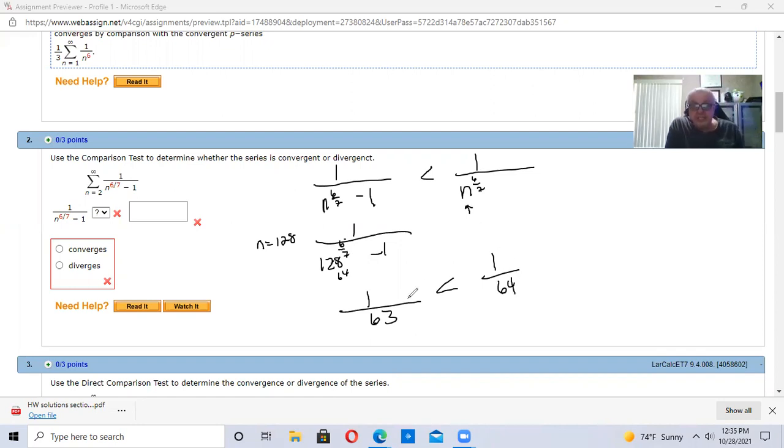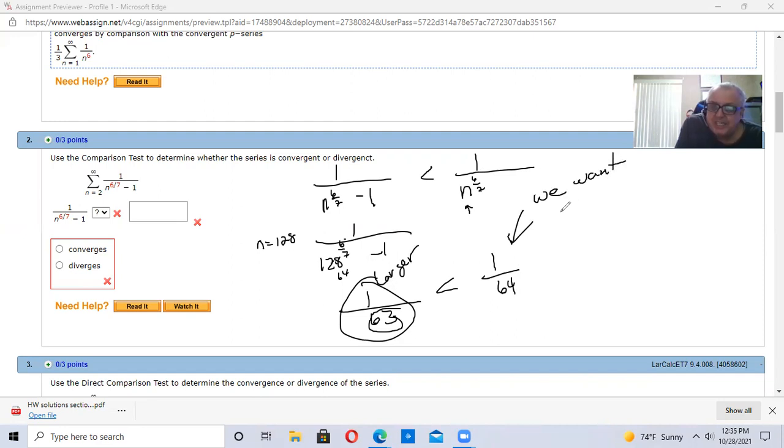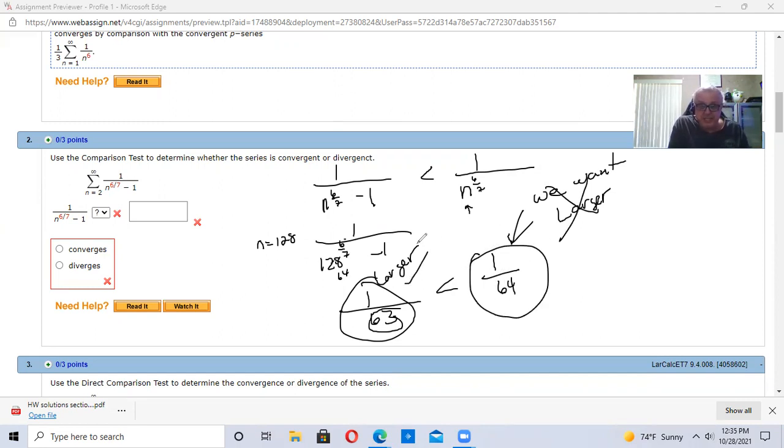So when you look at this, this denominator is smaller than the other one. So this number is larger. So this time, the more complex number is larger. The easy problem is what we want to be larger if we want to continue, but it's not. 1 over 64 is smaller than 1 over 63.